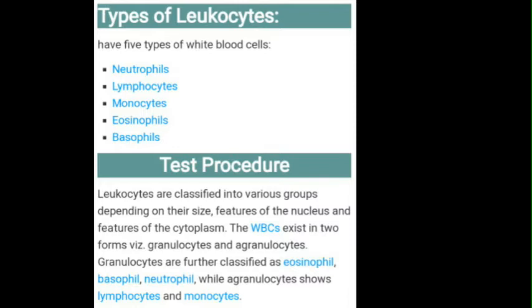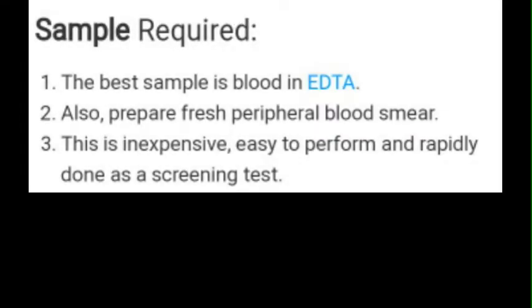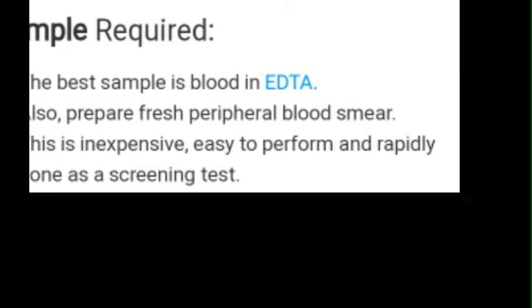Sample required: the best sample is EDTA blood, and a fresh peripheral blood smear may be prepared from fresh blood. You can use another anticoagulant, that is heparin or citrated blood also, but the good way is only fresh blood or EDTA blood.